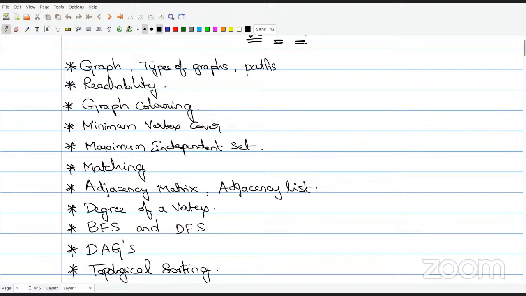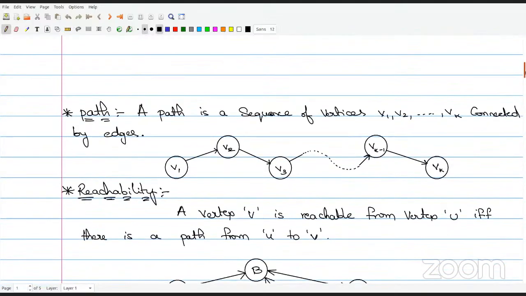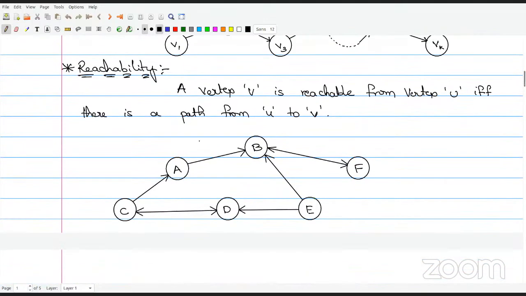Basically the graph will be like this. You see here, these are called vertices, and the edges connecting these vertices. The lines connecting these vertices are called edges. And the graph is made up of these vertices and edges.